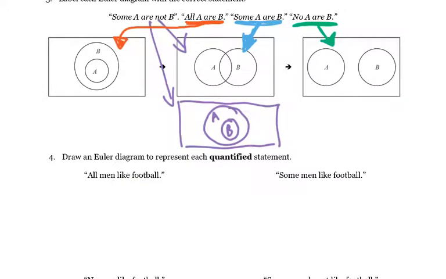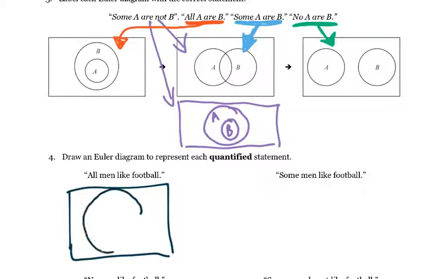So I'm going to draw a Euler diagram or Venn diagram to represent each of these quantified statements. So all men like football. So this outer circle is going to be people who like football, and the blue circle is going to be men. So black circle is football.